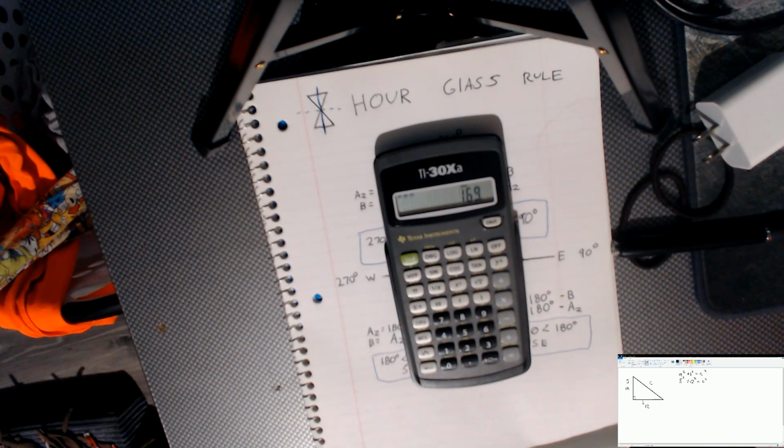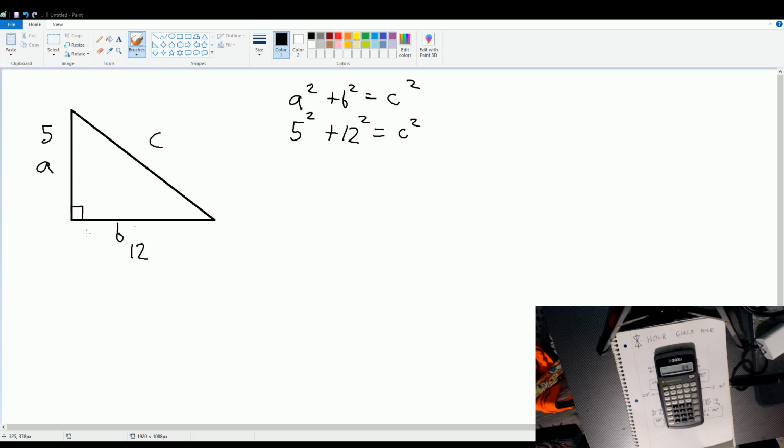We have 169. So a squared plus b squared is equal to 169. Let's get my pencil. So 169 is equal to c squared.